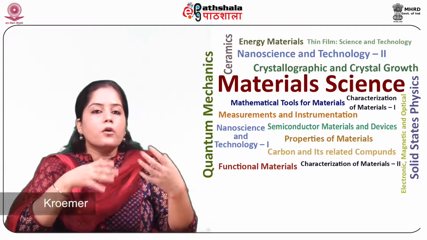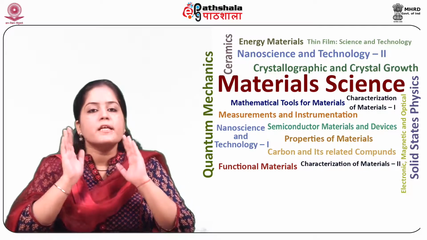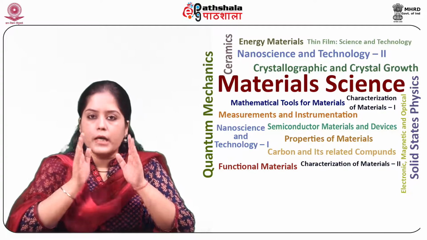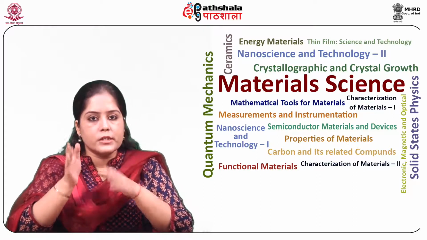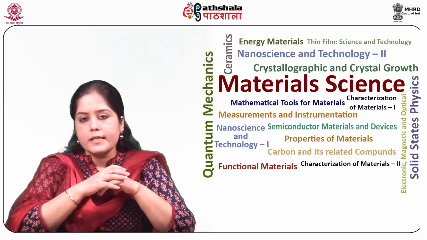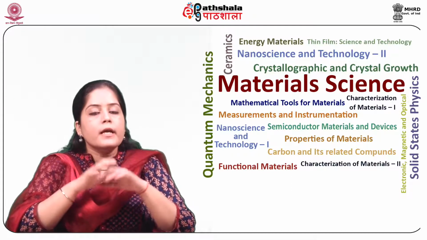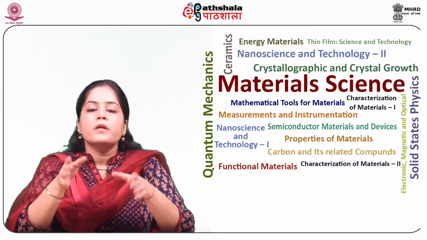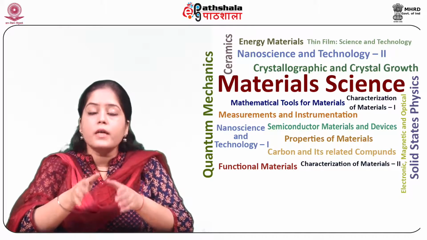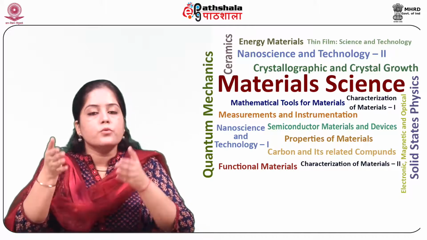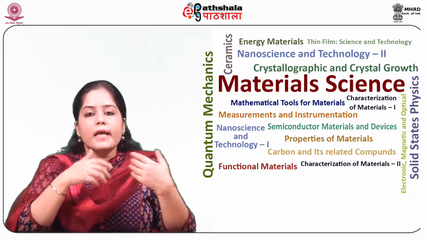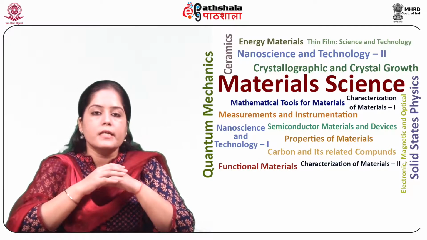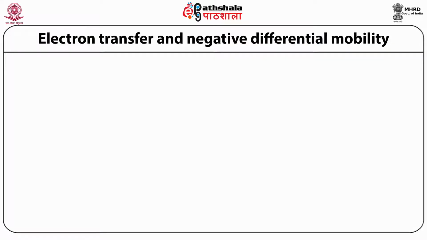Instead, Kroemer in 1964 explained the oscillations observed by Gunn by using the results from Hilsum in 1962 and Ridley and Watkins in 1961. Following this explanation, we shall first discuss how electron transfer may lead to negative differential mobility, NDM, or equivalently negative differential resistivity, NDR. Electron transfer and negative differential mobility.